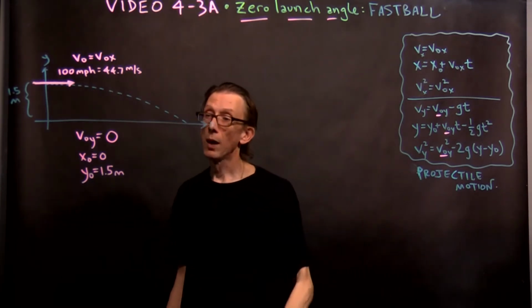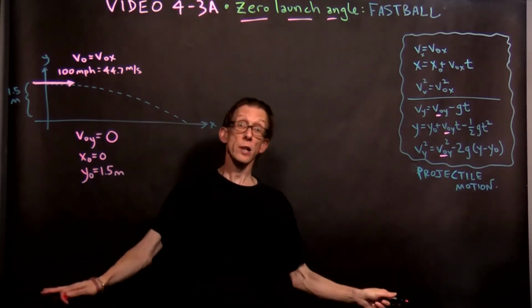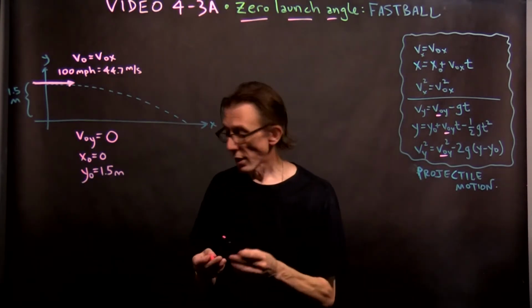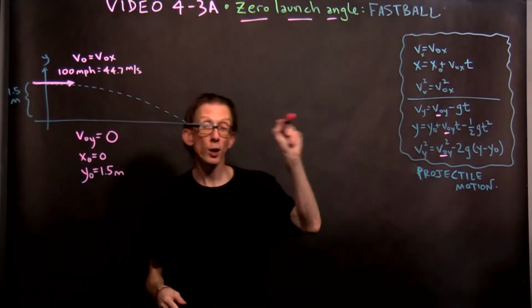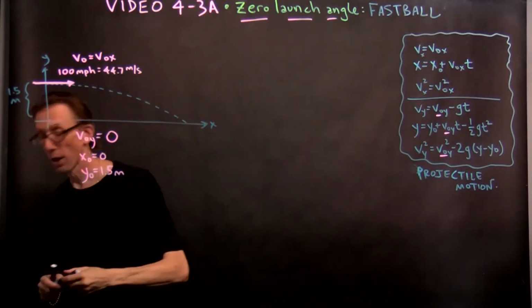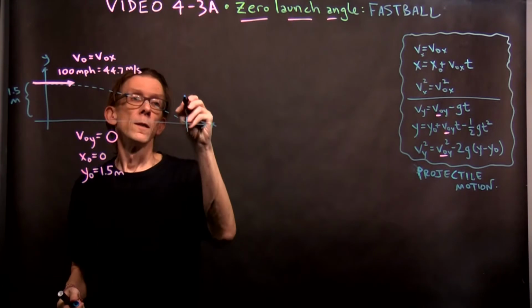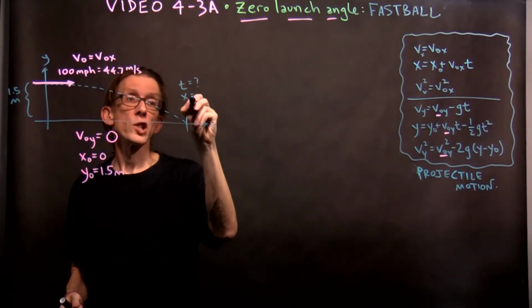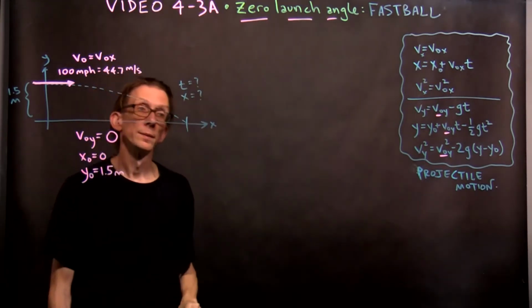Okay. So that's the situation. That's the setup. What we want to know, using these equations in this picture with this situation here, is this. We want to know what time it lands. We want to know the position at which it lands.